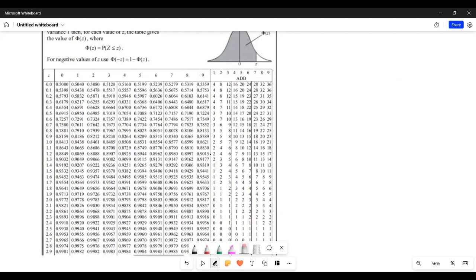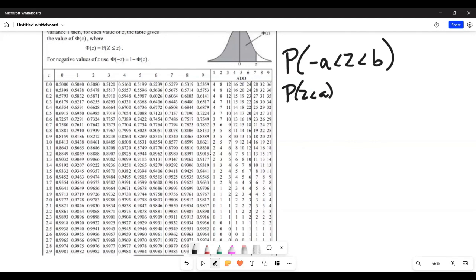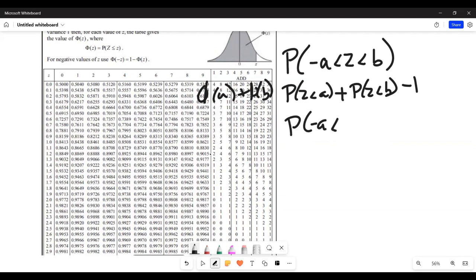Look, you have to use this formula when you have probability minus a less than z less than a, and b on the left side. We discussed yesterday that this becomes equal to, first we write probability z is less than a, which I was writing as phi a, it's the same thing, and then plus the probability z is less than b, which I was calling phi b, and then you subtract 1 from it. That's the rule. Okay, so since they're both the same, you write phi a plus phi a minus 1.